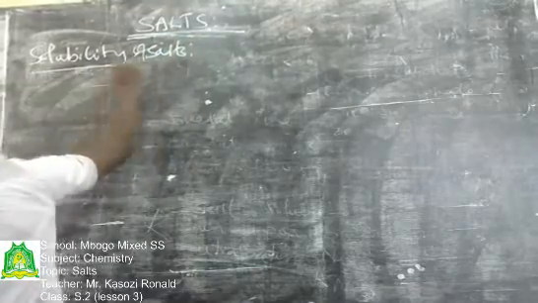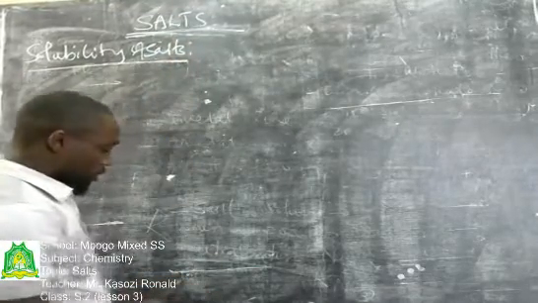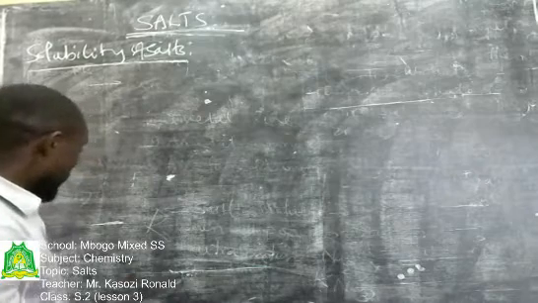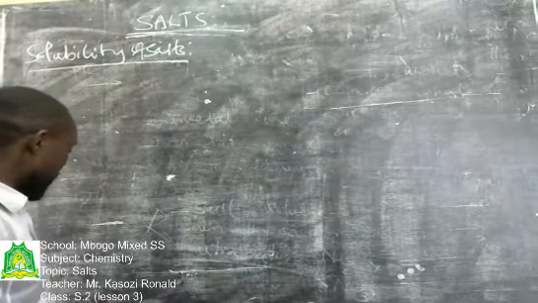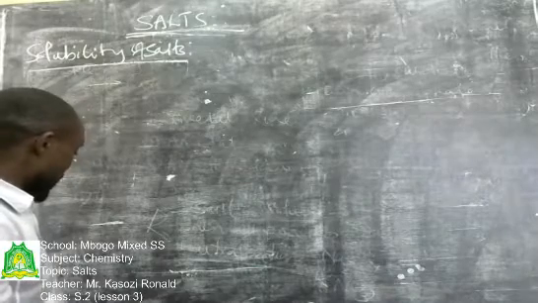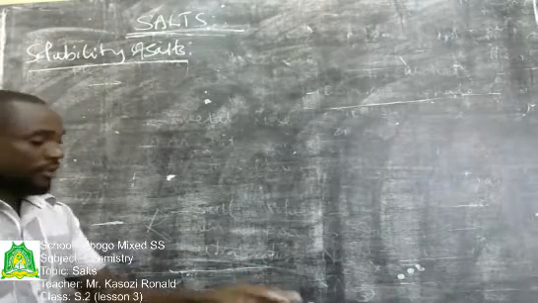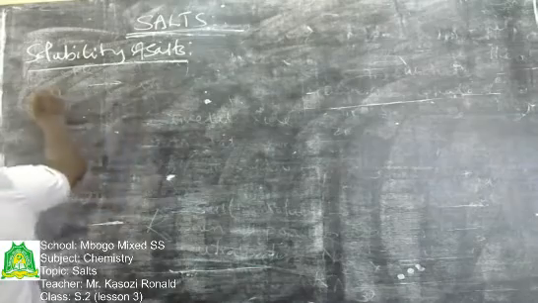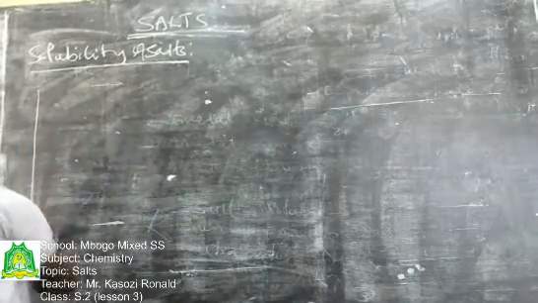This helps us to know salts that are soluble and those that are insoluble, such that you can easily predict their method of preparation. So I'm going to produce a table like this.